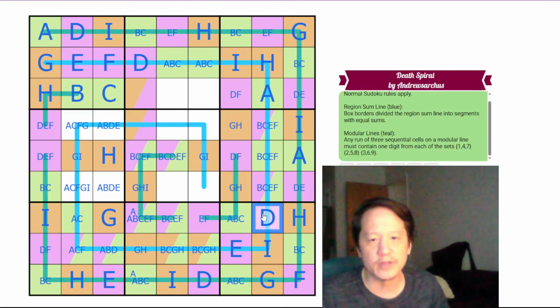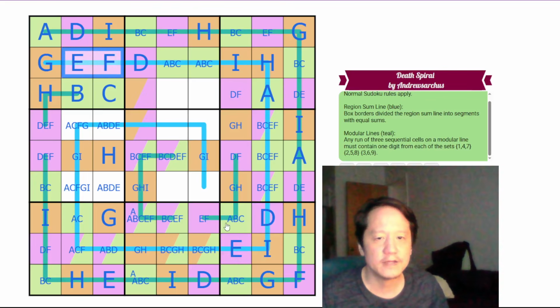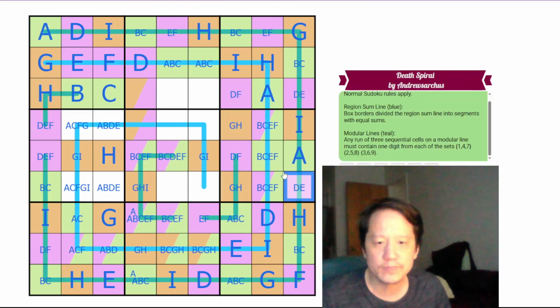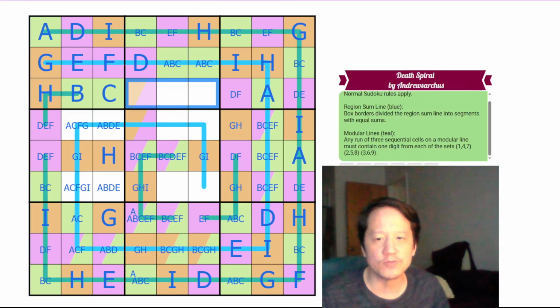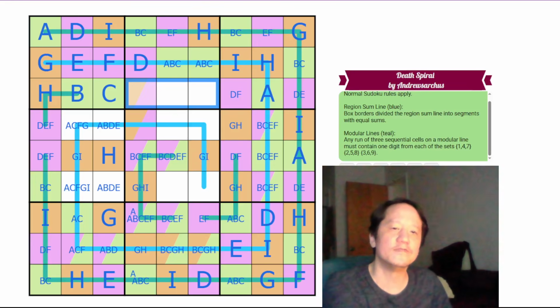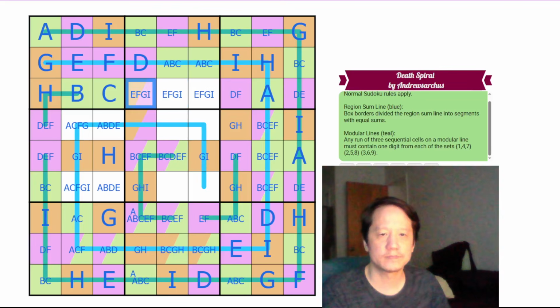Oh, and the same thing, we can't have E and D, since EDG and EFG add up to the same sum. Okay, so I's here, right? Remaining cells of row 3, we have E, F, G, and I. No I here.